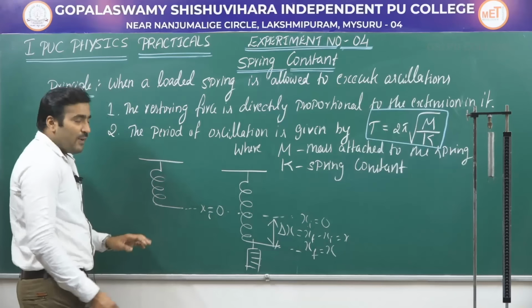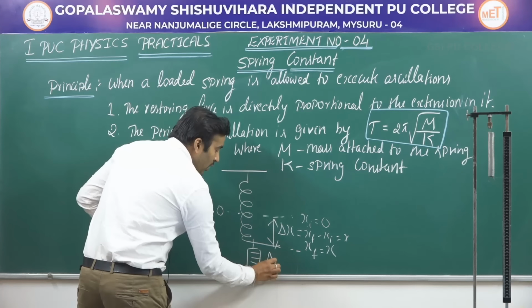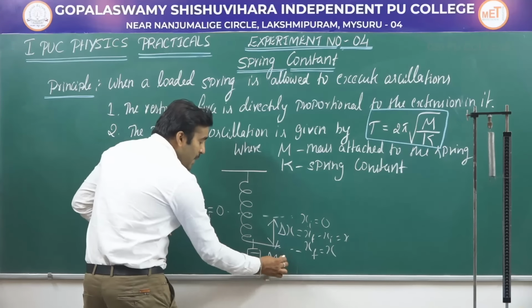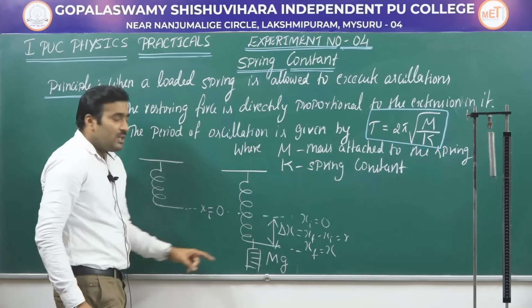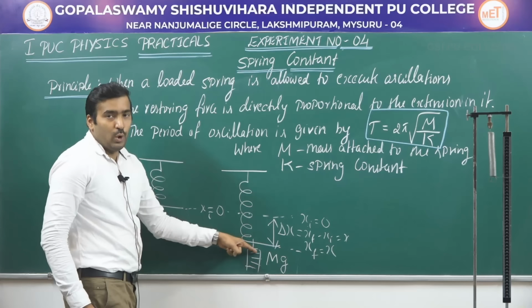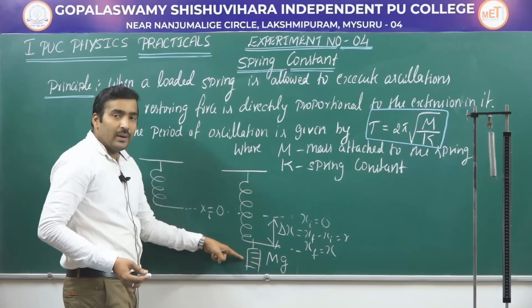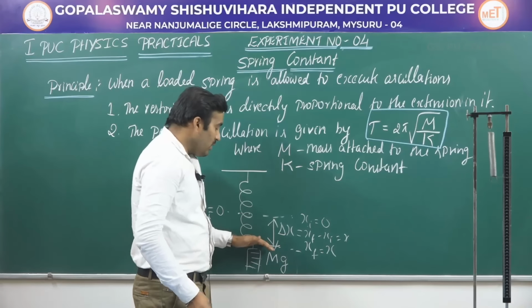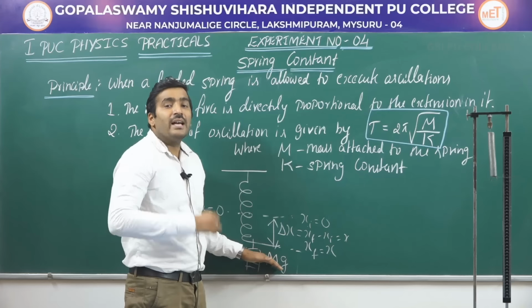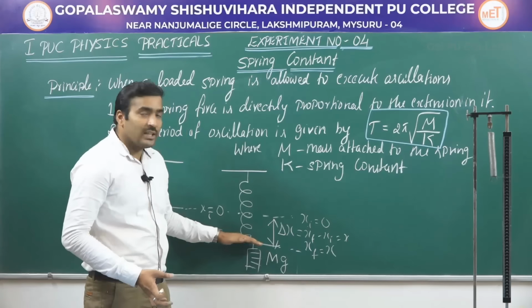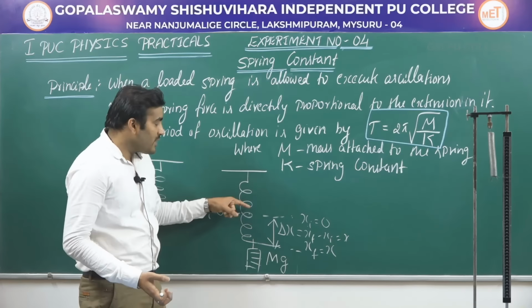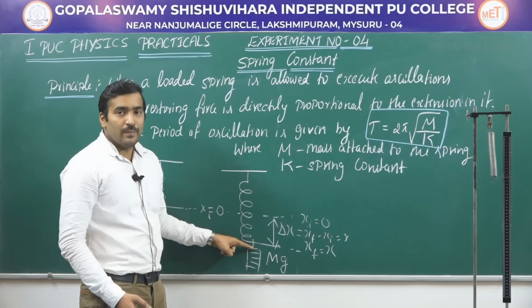Say for example, if I attach a load of mass m, then m into g will be the weight of this load, correct? Which is nothing but a force. So this weight becomes an external force, which is deforming an object.